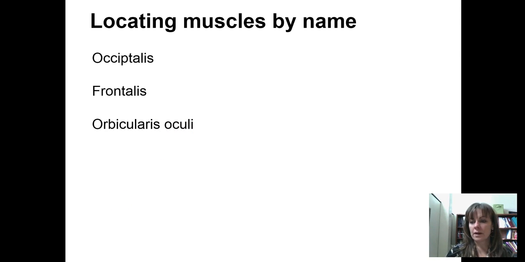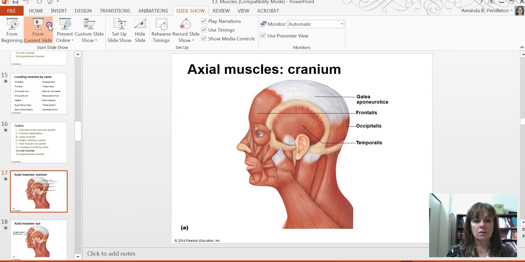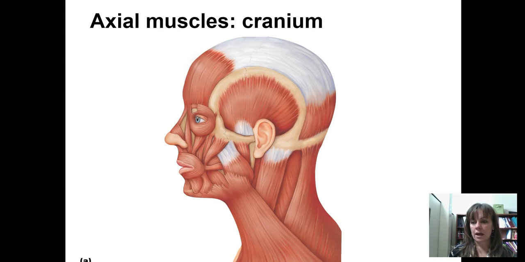Well, that probably tells me it's a circular muscle around the eye, or near the eye. And so again, we look on this image, and we don't even have to look at the labels. Look at this. Here's a circular one going around the eye. And so that one is the orbicularis oculi.